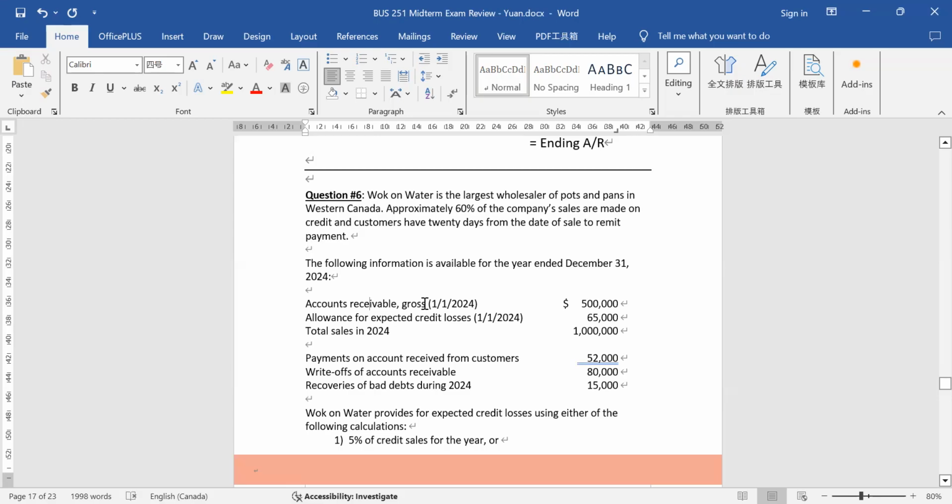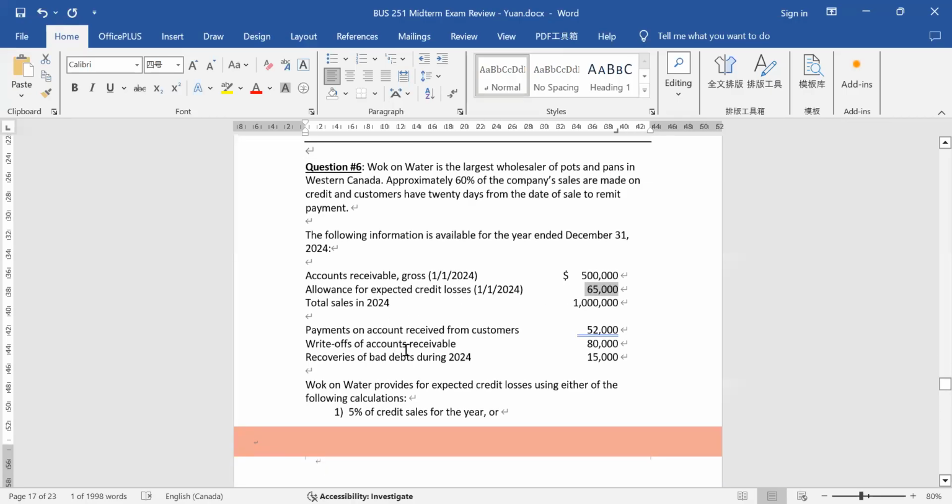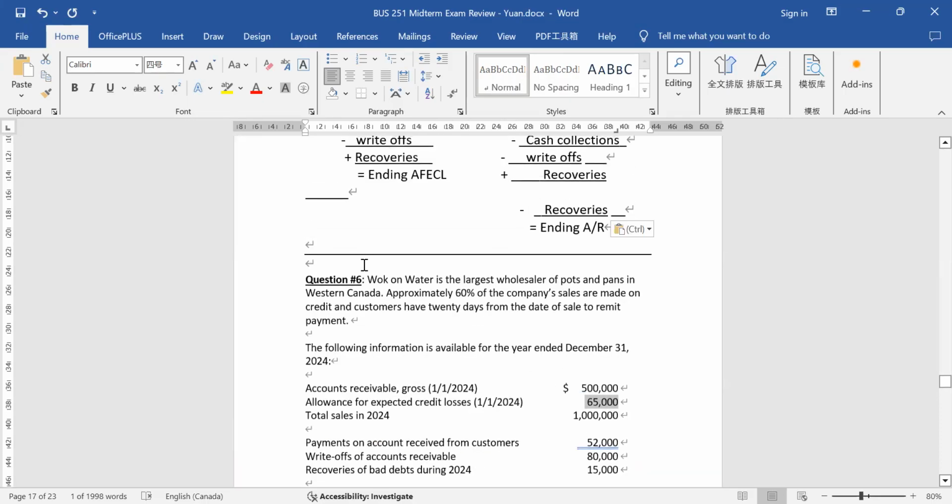Accounts receivable, aggregately, we have 500,000, and the allowance for expected credit losses, we have 65,000, and total sales, we have 1 million. Payments on account received from customers, we have 52,000. Write-off accounts receivable, we have 80,000. Recoveries of bad debts during 2024, we have 15,000. So what is the question?